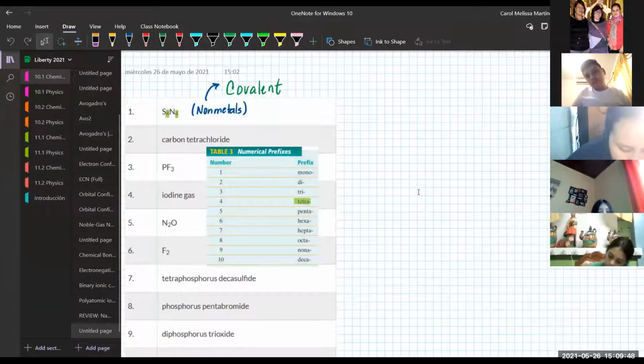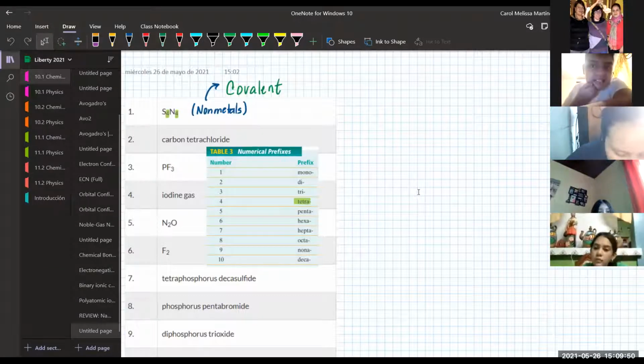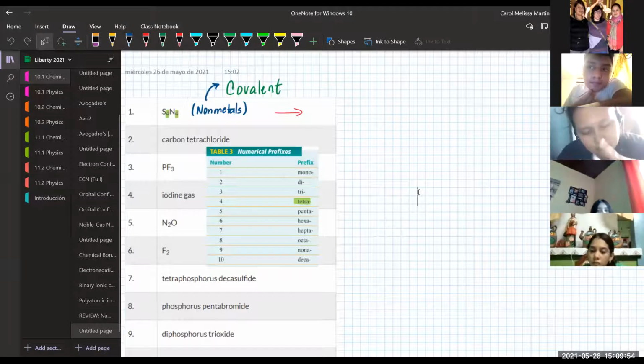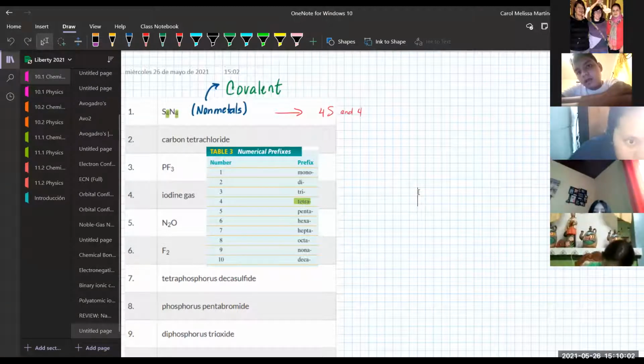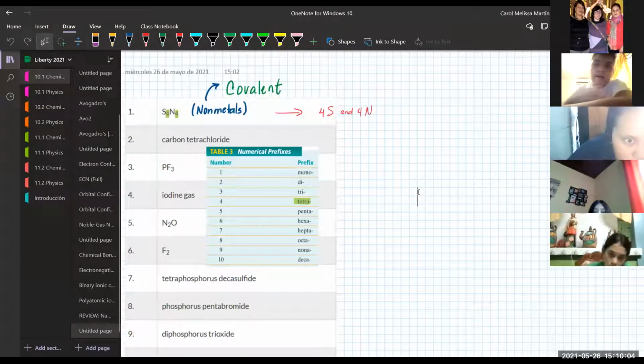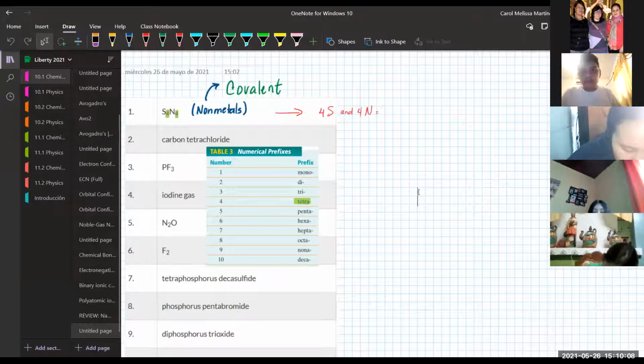So this compound is made of 4 sulfurs and 4 nitrogens. So the rule says that the first element is written completely, okay? But the second element, because it's binary, only 2 elements, it will end in IDE.